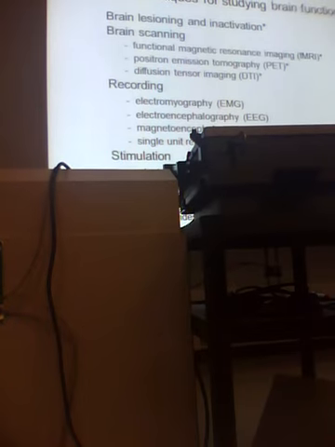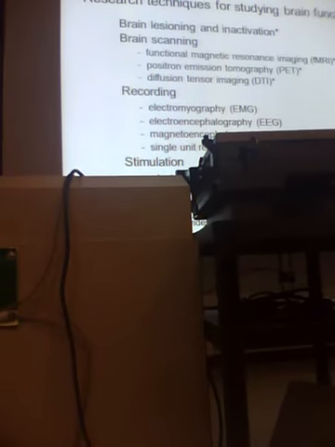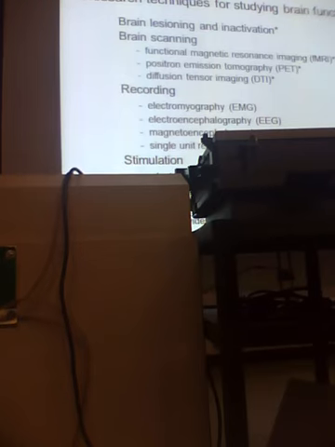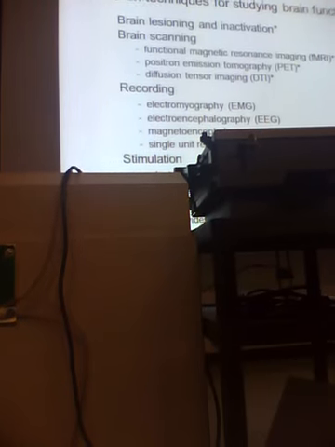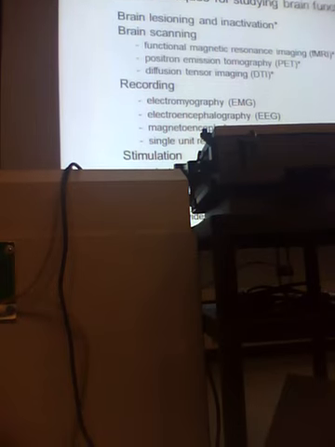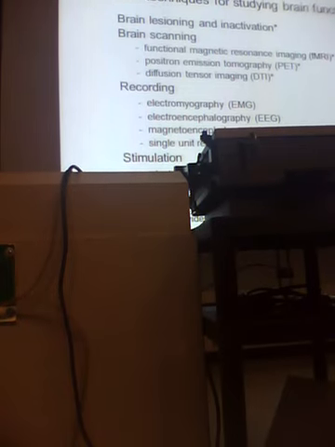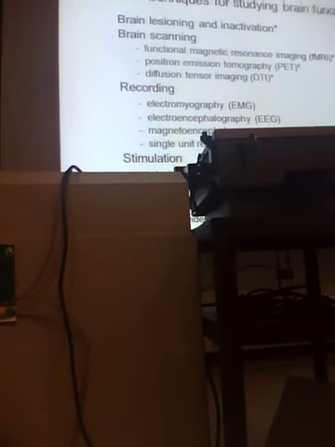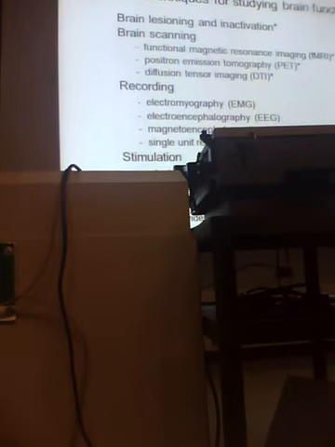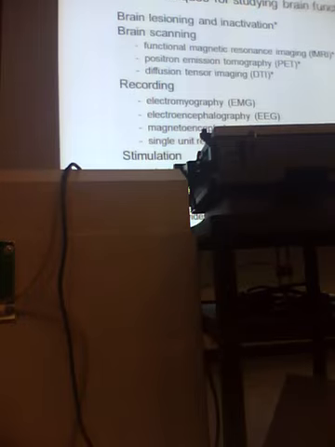This is where we put a very fine microelectrode just outside a nerve cell and record the electrical activity in the brain during normal behaviour. And so we can collect information about how single nerve cells work during behaviour. And then we can electrically stimulate, or we can magnetically stimulate. There's ways of magnetically stimulating the brain, and I'll describe that in detail.